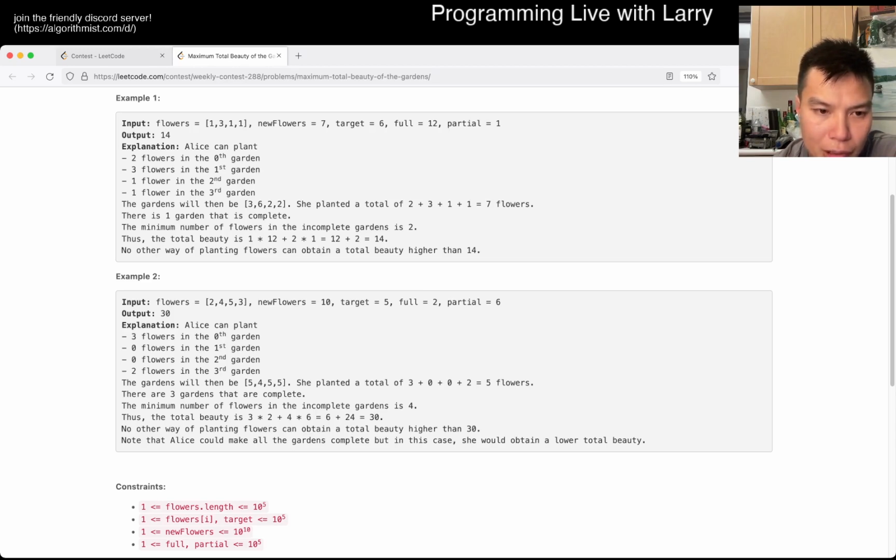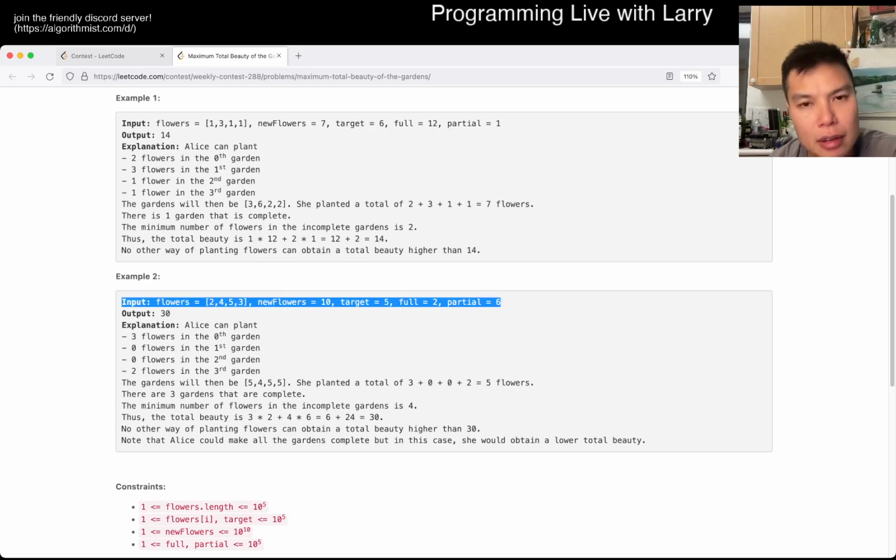Oh, you don't have to use all the flowers even. And in that case, 4 times 6 is 12. So you want at least one partial, maybe. Maybe that's not true. Only in this case.